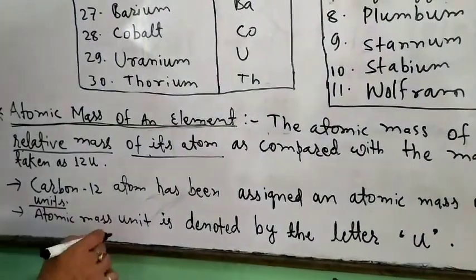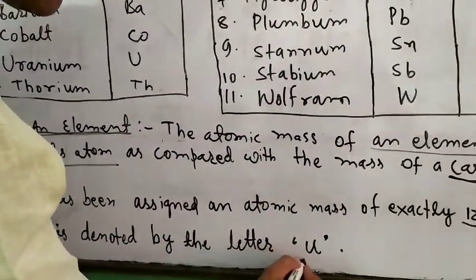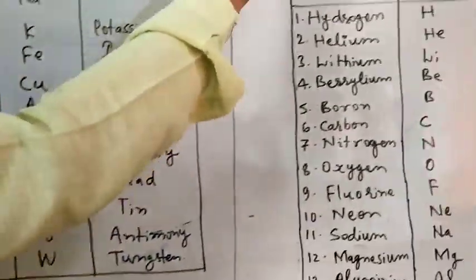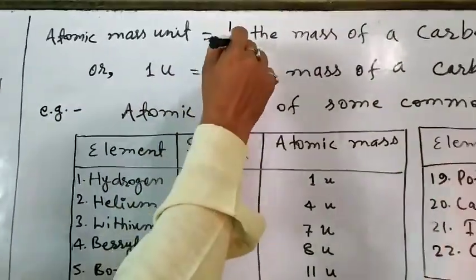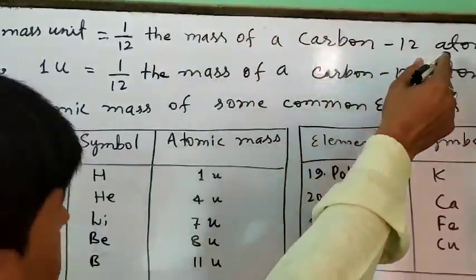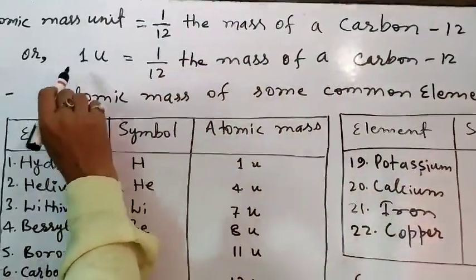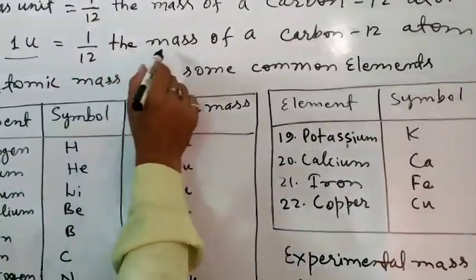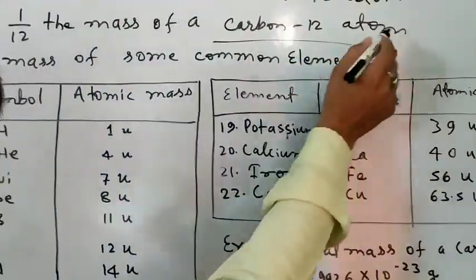An atomic mass unit is denoted by the small letter u. So 1 u is equal to 1/12 the mass of a carbon-12 atom.